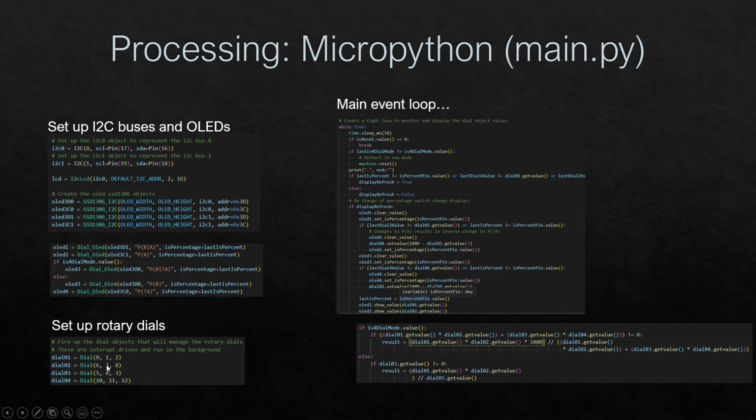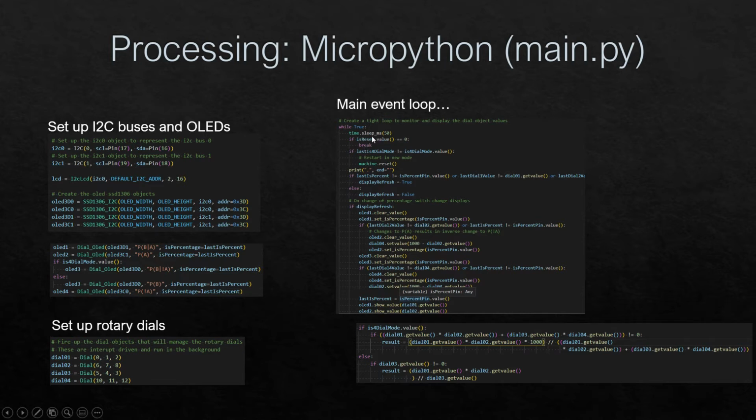And then finally I set up the rotary dials, and it's mainly a matter of plugging in what I/O pins on the Raspberry Pi Pico are going to each rotary dial. And then we drop into a main loop. This is the one that I had trouble breaking out of before, but you see here it's checking for is reset, so it's checking for the physical button that I've now got on the board to break out of this main loop if I need to do that.